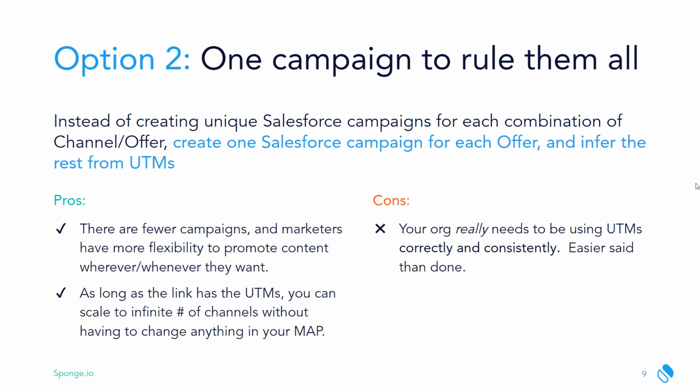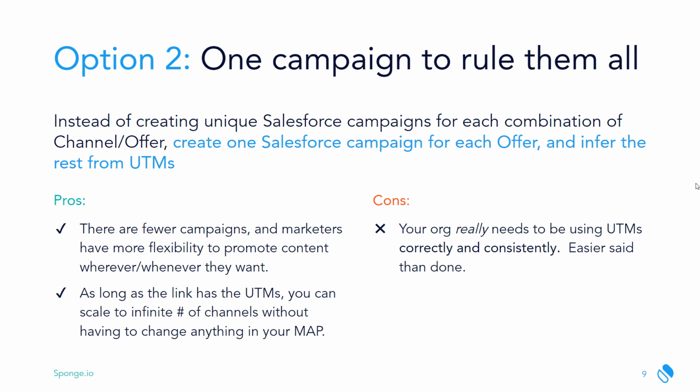As I said, I'm firmly option two here. It's just more scalable, and it can be fine to use option one. I won't fight a client who really wants to do that, but I'm of the opinion you go option two. The really important thing though is that you're not mixing and matching channel and offer.